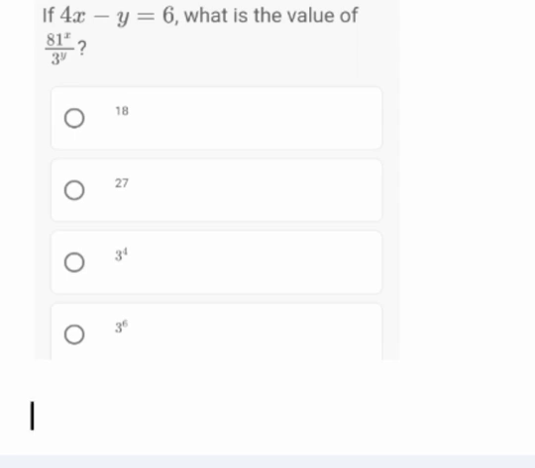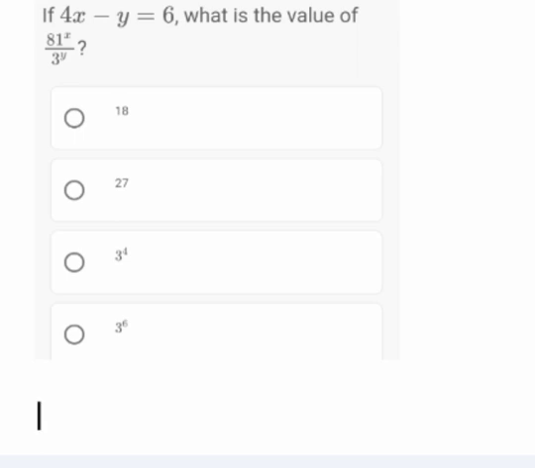Okay, we have question 3. If 4x minus y equals 6, what is the value of 81^x divided by 3^y? What we are going to do is to express the values in index form.